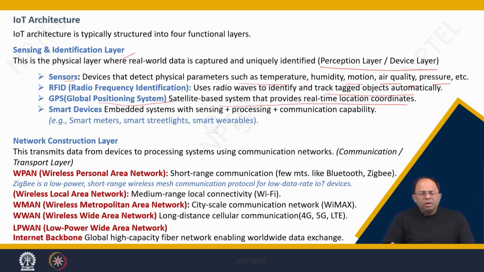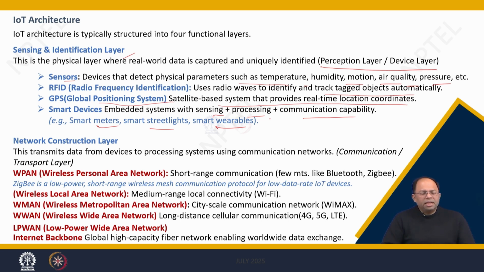Then there could be fully smart devices, such as an embedded system with sensing, processing, and communication all built in together. That means it is a system which can sense, process, and also communicate, like a smart meter, a smart street light, or a smart wearable, which are all part of IoT. So this is the first layer, the sensing and identification layer.